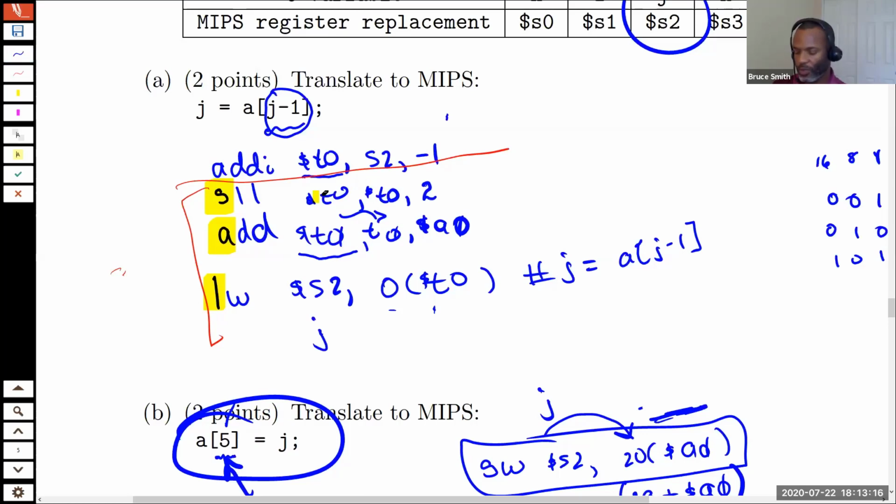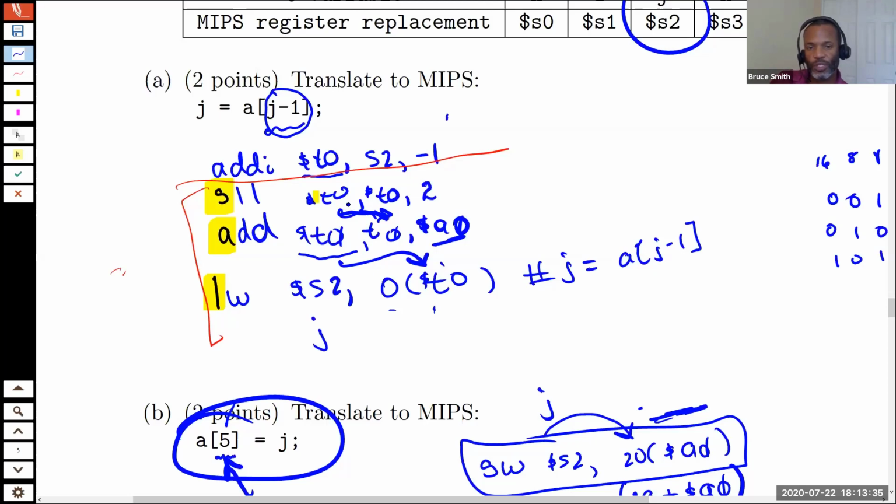And then once you have it multiplied by 4, you're going to add that value to the beginning of the array. And then once you get that sum of the array and the offset, you're going to use your load word or possibly your store word.